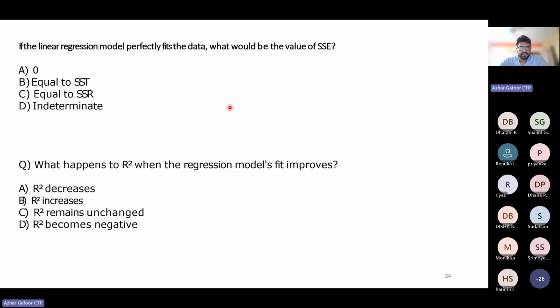So if the linear regression model perfectly fits the data, what would be the value of the SSE? Sir, A. Yes. And for the second question, what happens to R square when the regression model's fit improves?